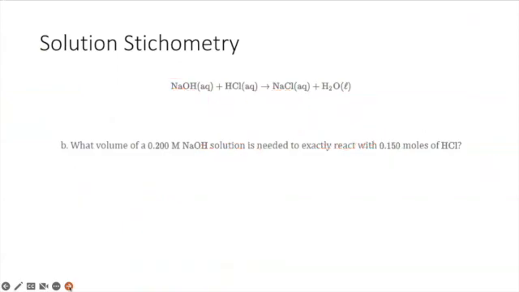So bringing this all back to stoichiometry. We can use stoichiometry with concentration as well.